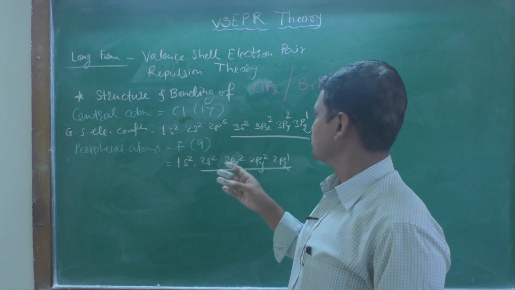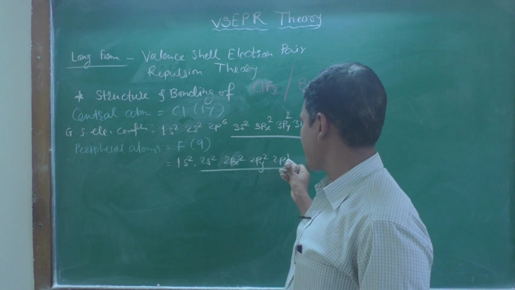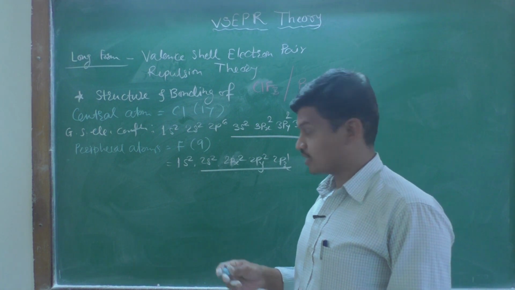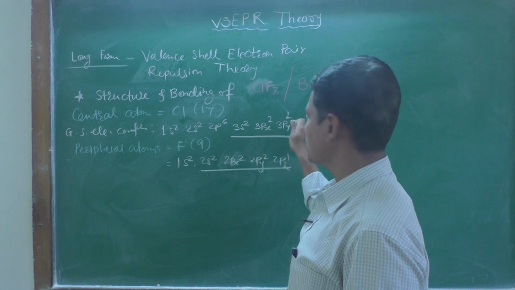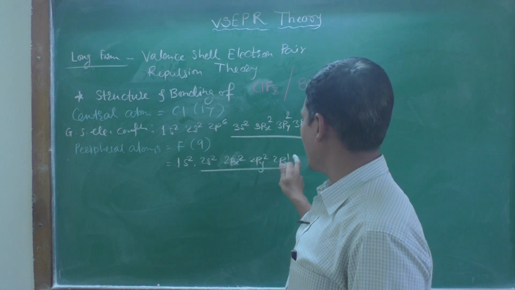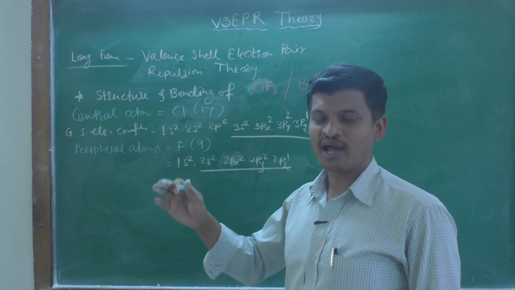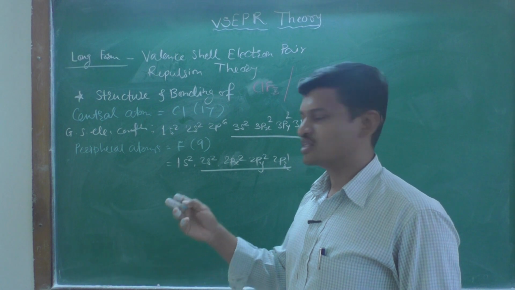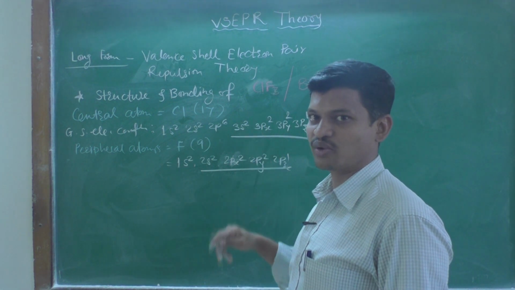So the number of electrons around the central chlorine atom are 7, and the 3 fluorine atoms are sharing 3 valence electrons with the central chlorine atom.